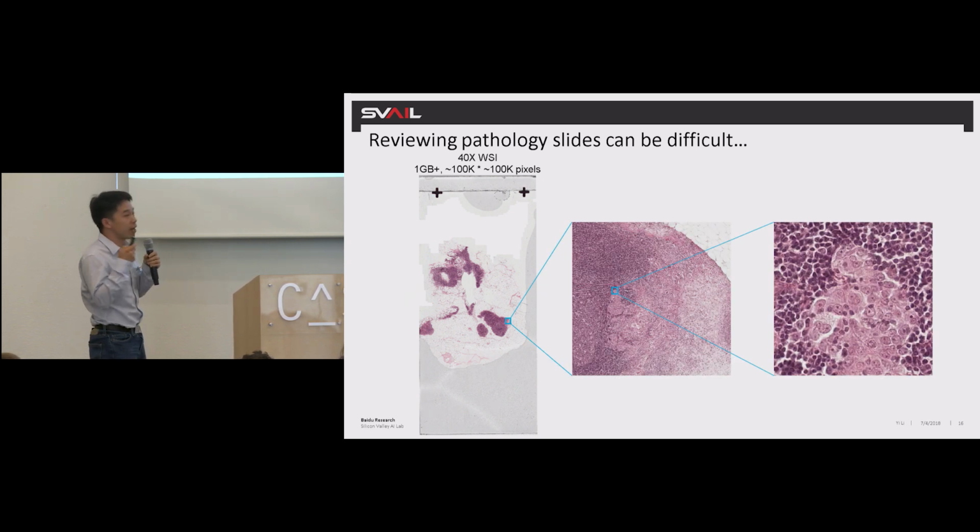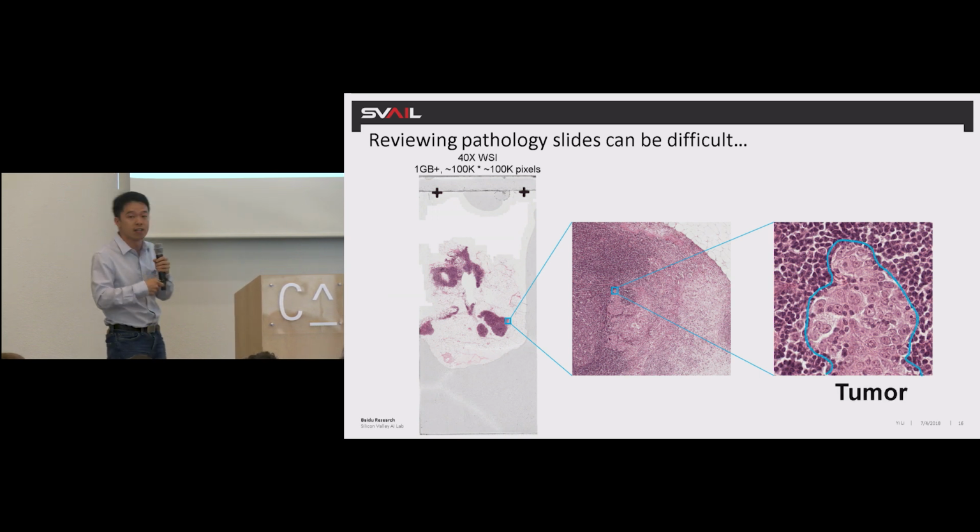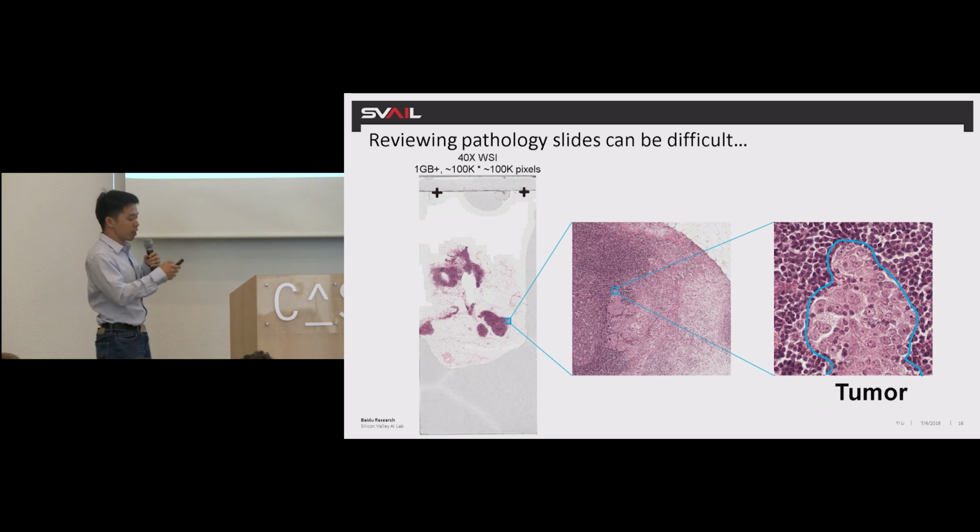What you have to do is zoom in, or even zoom in again, to these very fine details. Then you probably can tell, okay, this is the part of tumor cells as compared to the surrounding normal cells. But with respect to the global picture here, you probably have to do this zooming process to go into these fine details for every potential location, which can be very difficult and time-consuming.